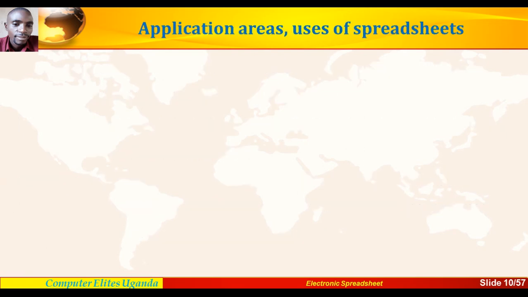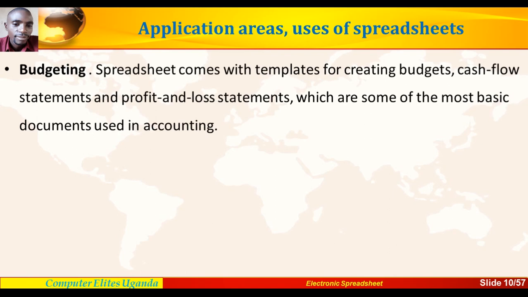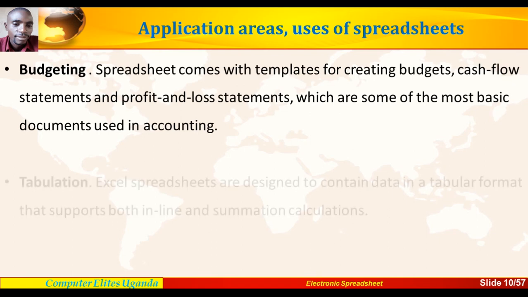Then let us look at the application areas of spreadsheet. Among those areas where spreadsheet can be used, you can use it in budgeting. That is, if you're dealing with cash flow statements, you're looking for the profit and loss statements. So electronic spreadsheet can be used in that application.